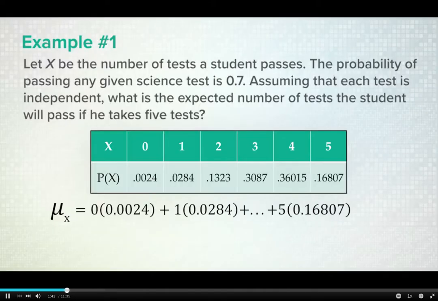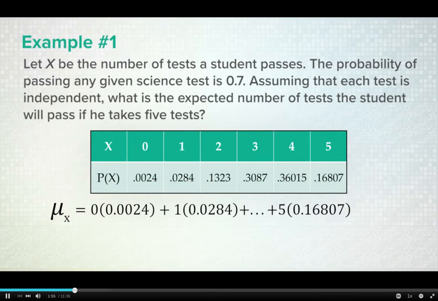One way to do this is to write out the probability distribution. You can use your calculator to find all these probabilities and then multiply, and add to get the mean of x. If you have a distribution that's rather large, you don't want to have to write out every term, but make sure that whoever may be checking your work can tell that you know what you're doing.